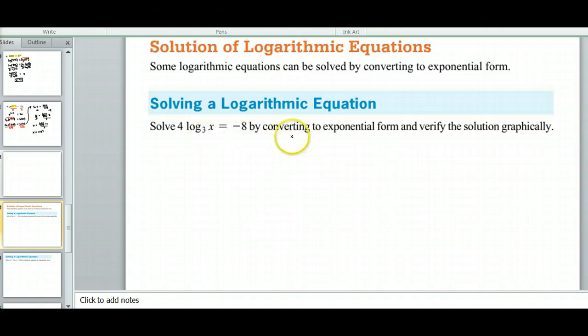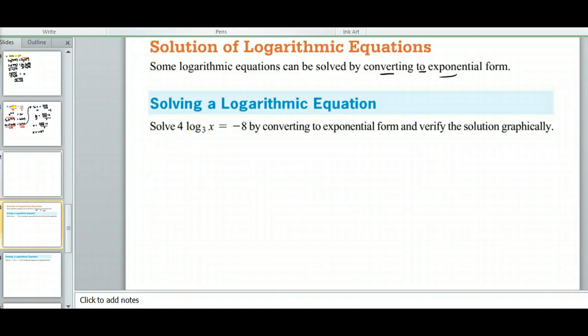Alright, now when we have something like this, 4 log base 3 of x equals 8, we want to solve this by isolating the log and then converting it to exponential. Usually when we convert to exponential, it's easier to see what the solution is.